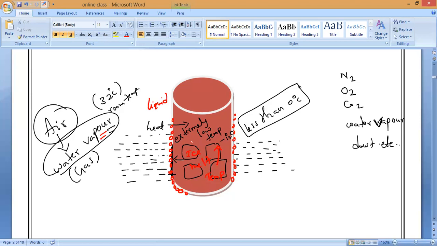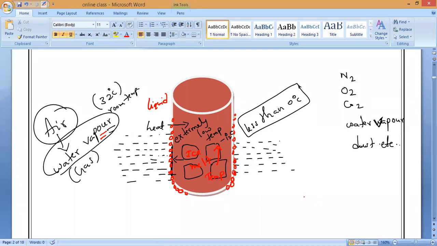Heat is removed. What is the opposite of heat? Cooling. If I take the heat, automatically temperature will fall, so it will be converting back into liquid state. Is it okay, guys?